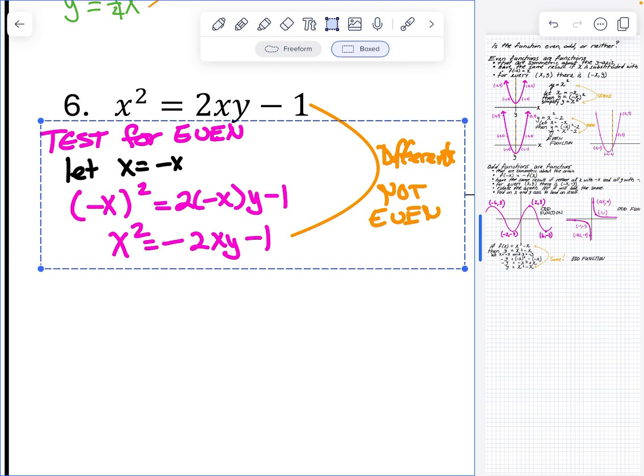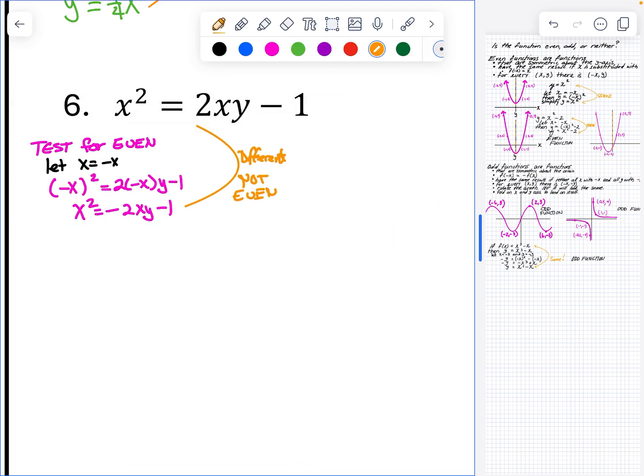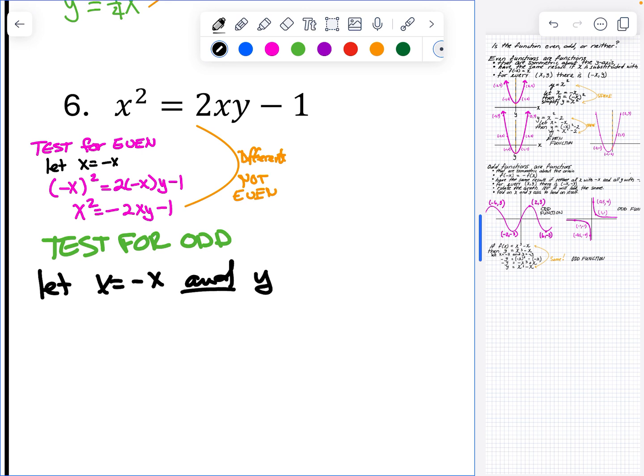Alrighty, now let's test for odd. If we run a test for odd, we're going to let x equal -x and y equal -y, which means we're going to have parentheses, -x, close it, square it, equals 2 times -x times -y minus 1.